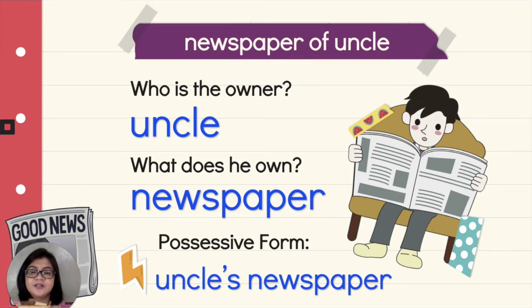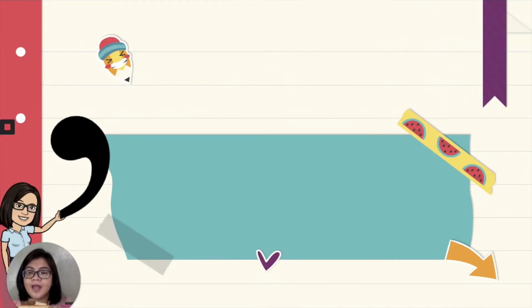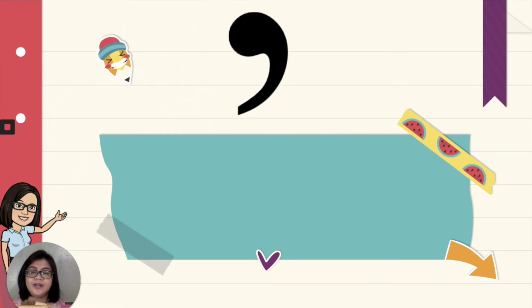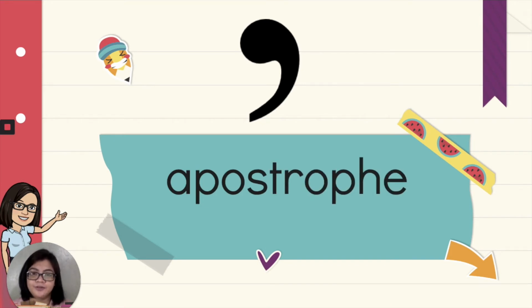Okay, so let's talk more about how to change regular nouns or noun phrases into possessive form nouns. So here is the symbol that I told you a while ago. Let me introduce this symbol to you. This is called apostrophe.